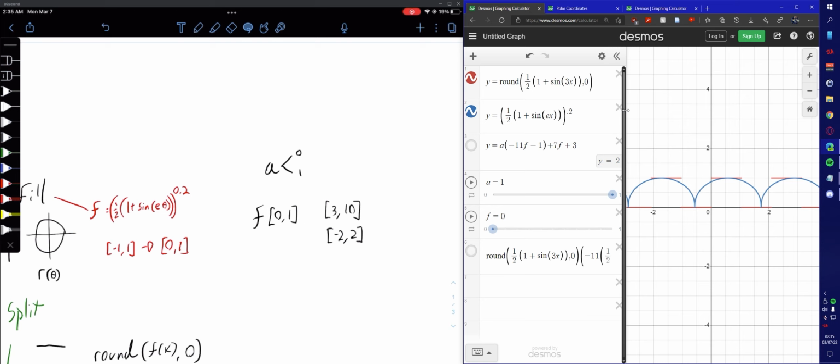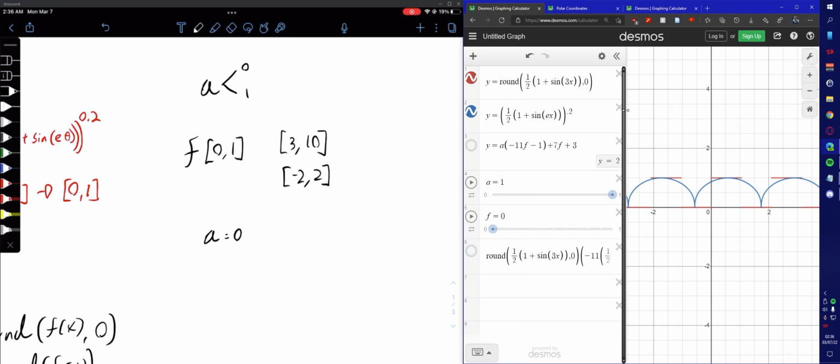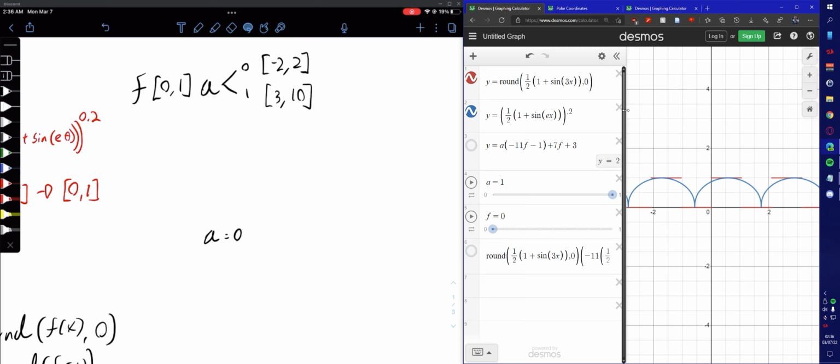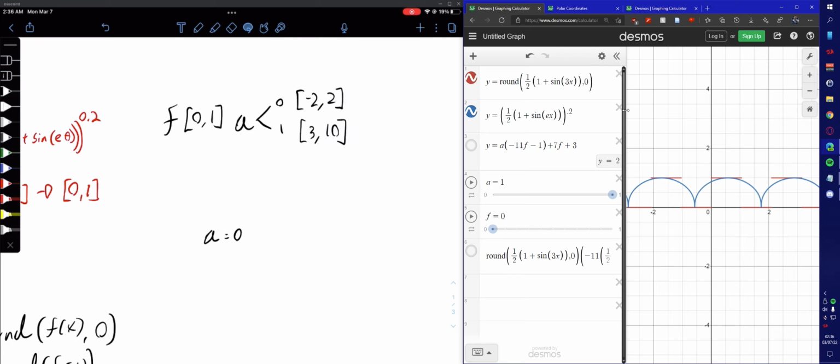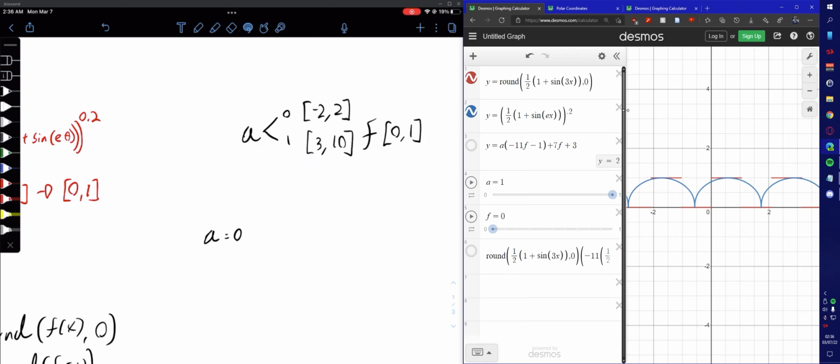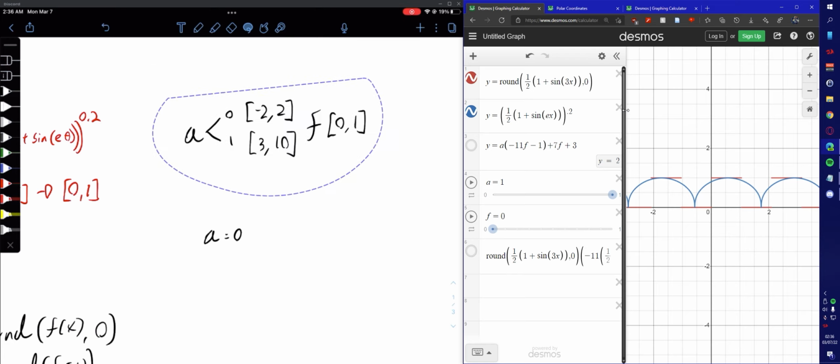Okay. How do we combine these? For no particular reason, we're going to say that lines up with this range. Then we can take the range of F, and figure out what we need to do to it in order to get there.